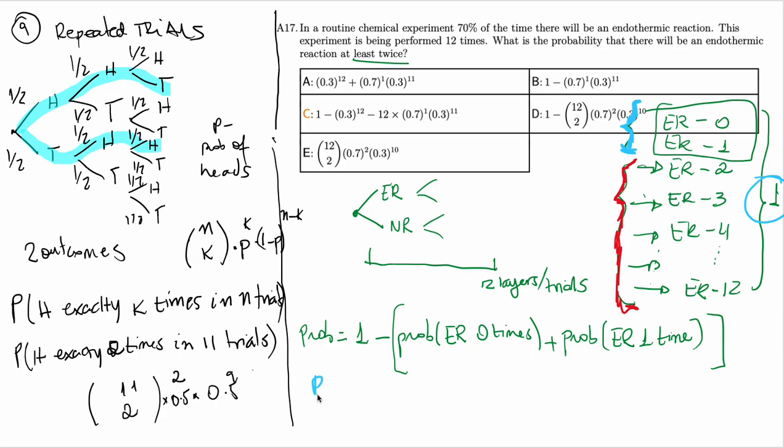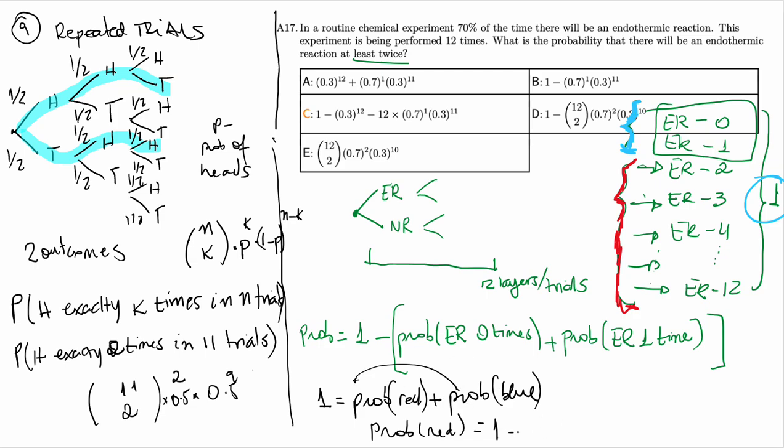So 1 needs to be the probability of the red part plus the probability of blue, right? Which one you want? You want the probability of red, right? So the probability of red, if you isolate this, will be 1, take this probability of blue to the other side, minus the probability of blue.